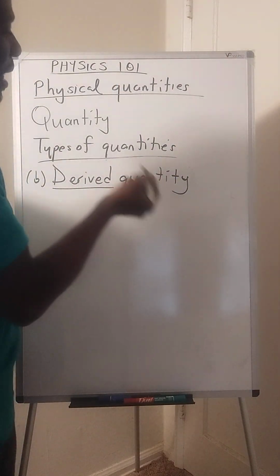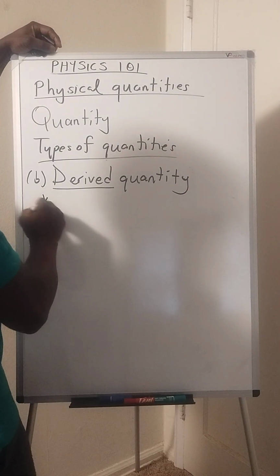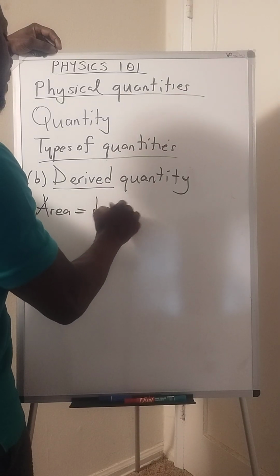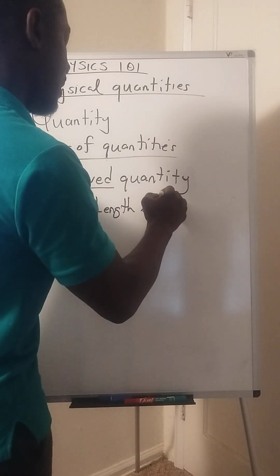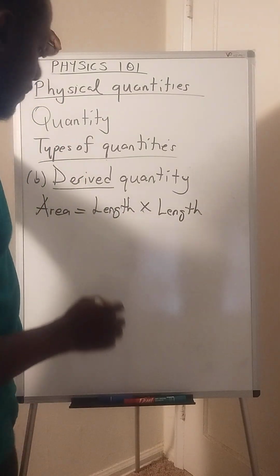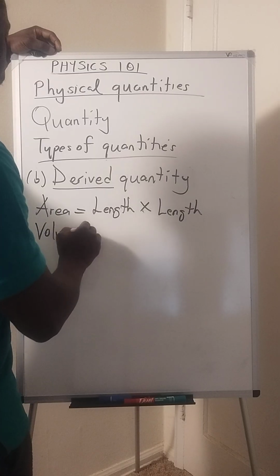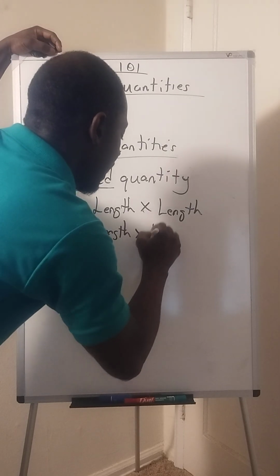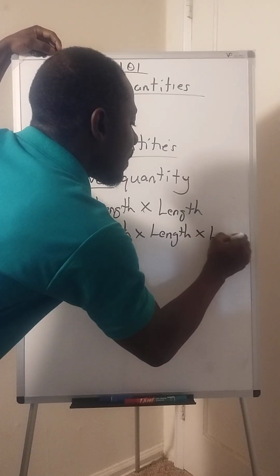Okay, so a typical example of a derived quantity is area. Area is equal to length multiplying length. Right? Another one is volume. Volume is length multiplying length multiplying another length.